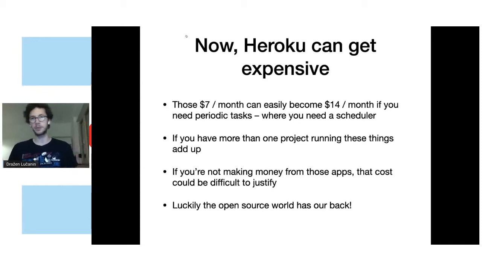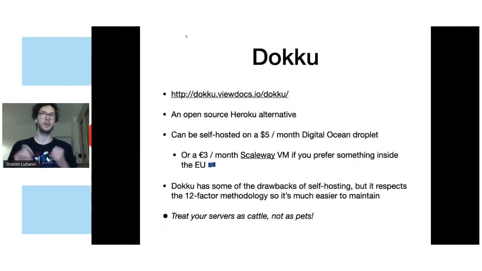Luckily, the open source world, as with a lot of things, has our back. So in comes Dokku. Dokku is an open source alternative to Heroku. It's a self-hosted Heroku. Now, it maybe sounds a bit counterintuitive. Like we talked about all the downsides of self-hosting in the first part, and now we want to self-host something.